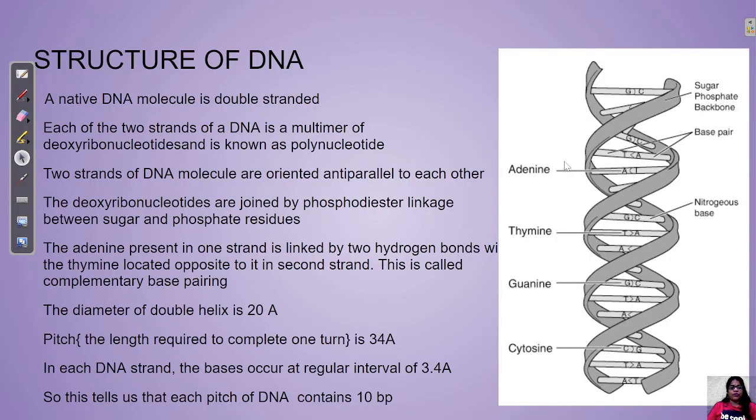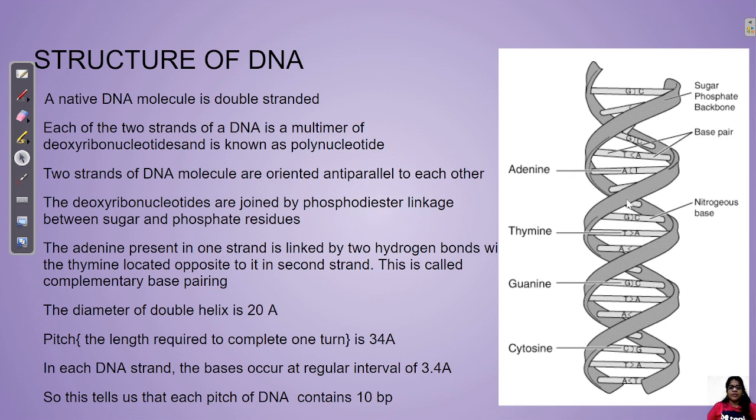So in the structure of DNA, I already told you this is the sugar phosphate backbone. These are the AT links, these are the nitrogen bases, and this is the approximate thing that I've read about. The diameter of the DNA is generally 20 angstroms, and the pitch, the length required for one complete turn, is 34 angstroms. If you take one pitch of DNA, the number of bases per pitch is 10 base pairs.